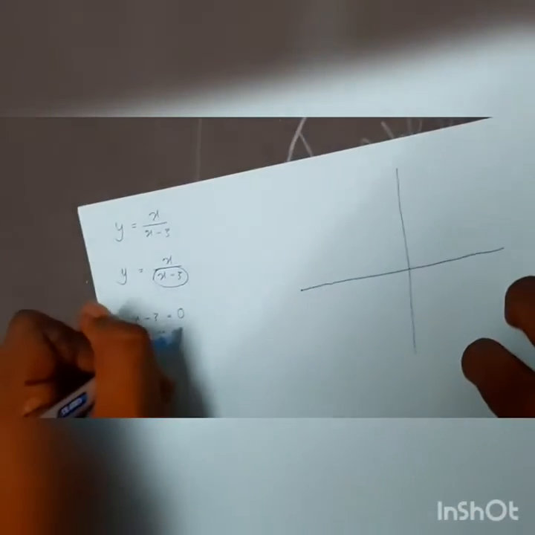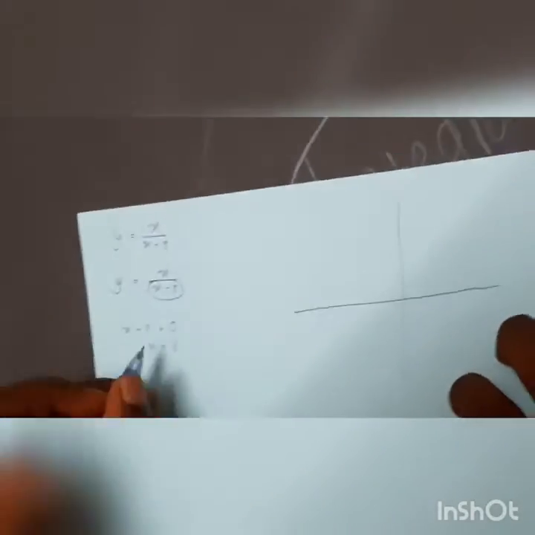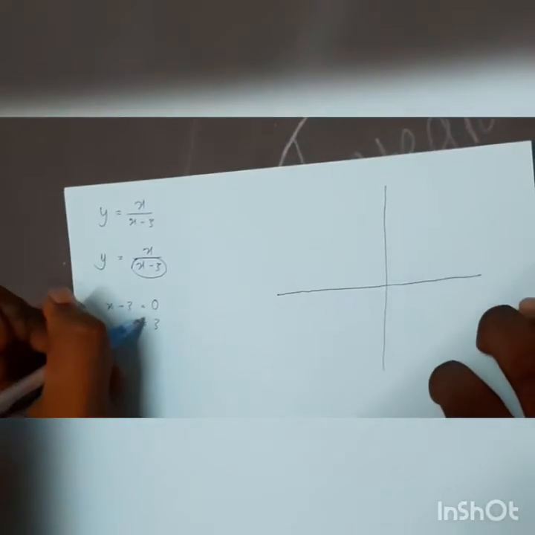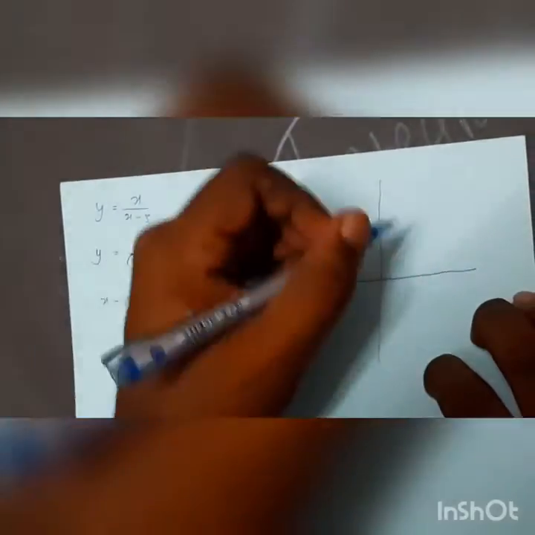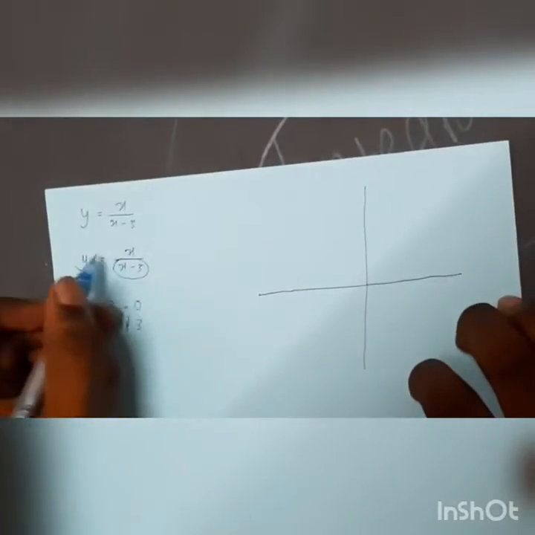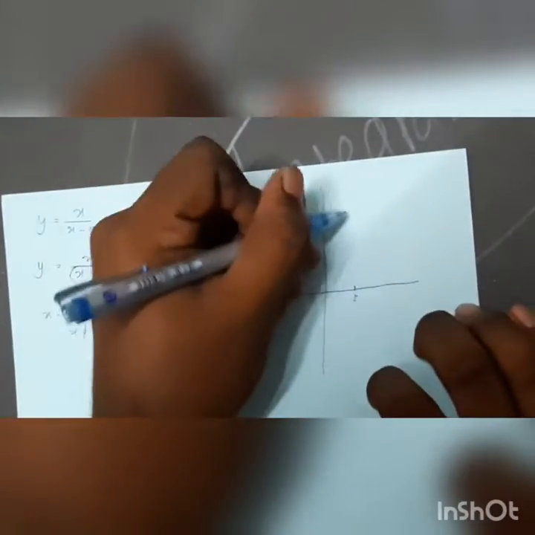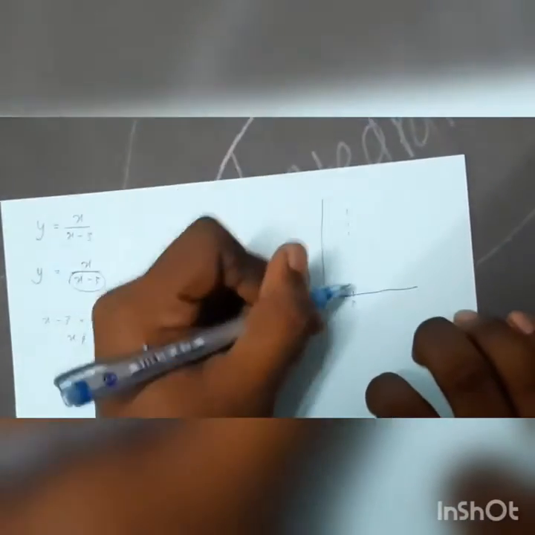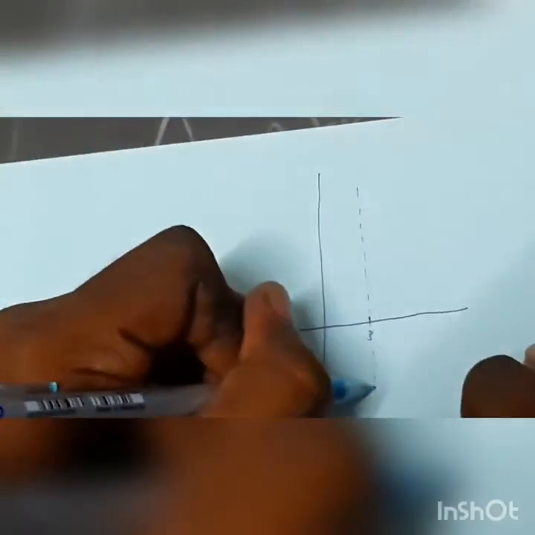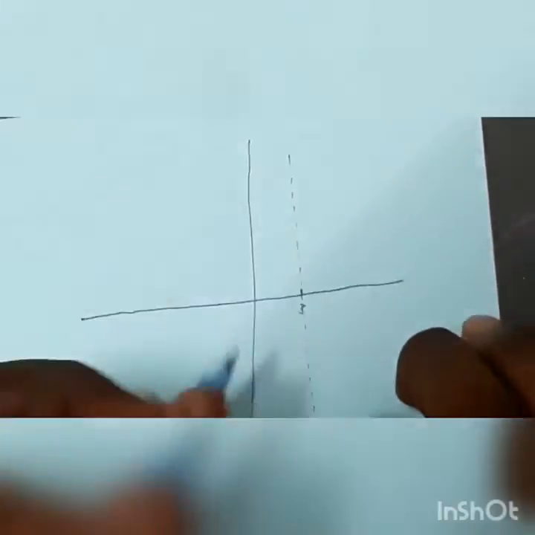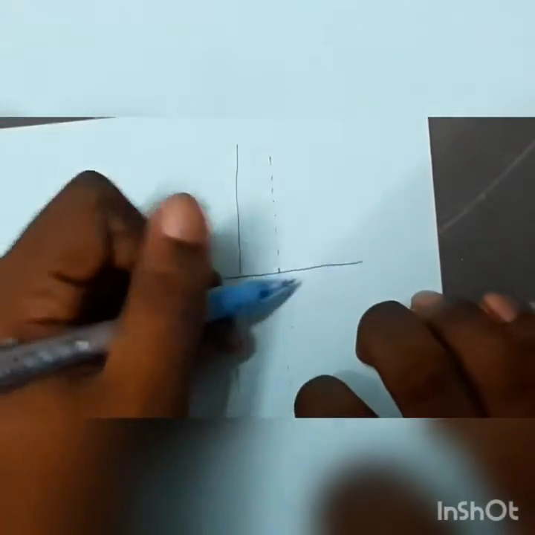This way we can see that x is not supposed to equal 3, because if it is, then we would get an undefined value. So x equals 3 is somewhere over here. Let's just assume the 3 is here. So this would be our vertical asymptote.